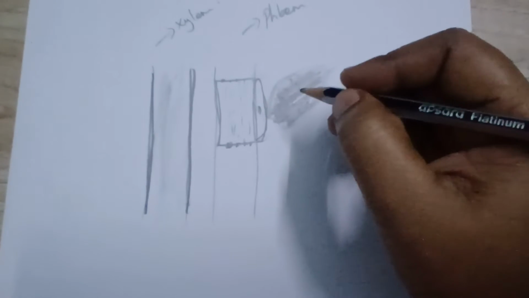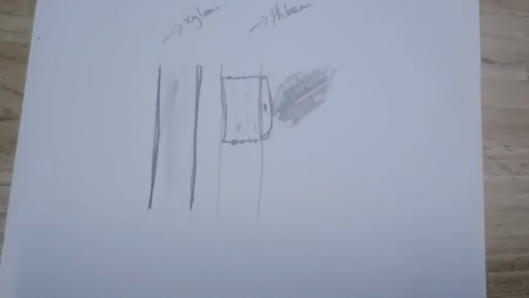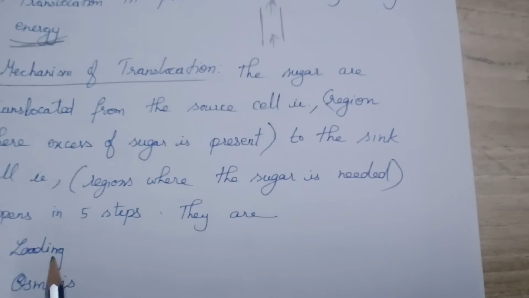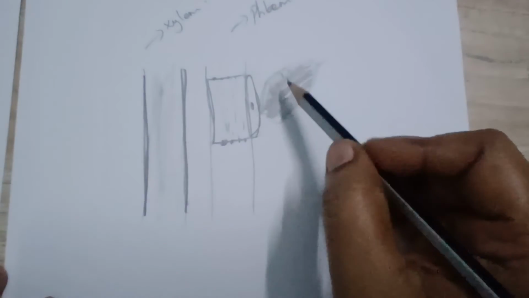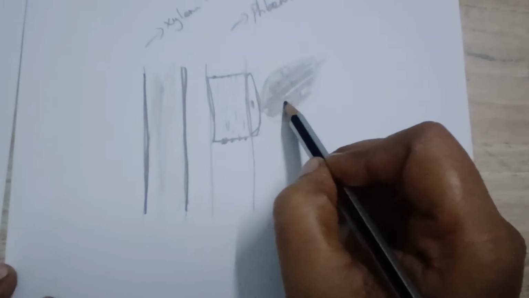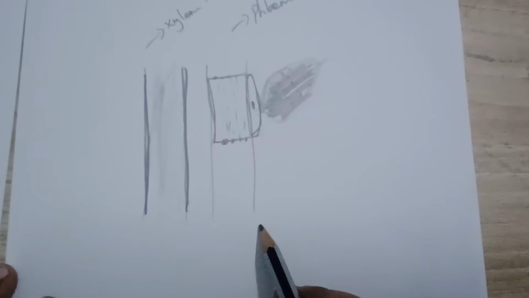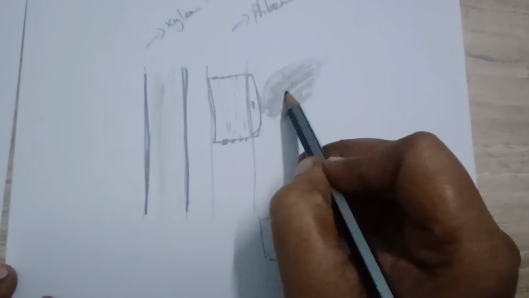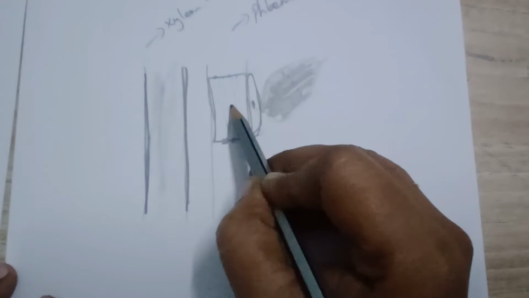Okay, so what is the first process in the mechanism? Loading. From the source cell, this is the source cell, from the leaves, for example, it has to be transported to this cell here. So how will it be transported? From the source cells, it will enter the phloem.